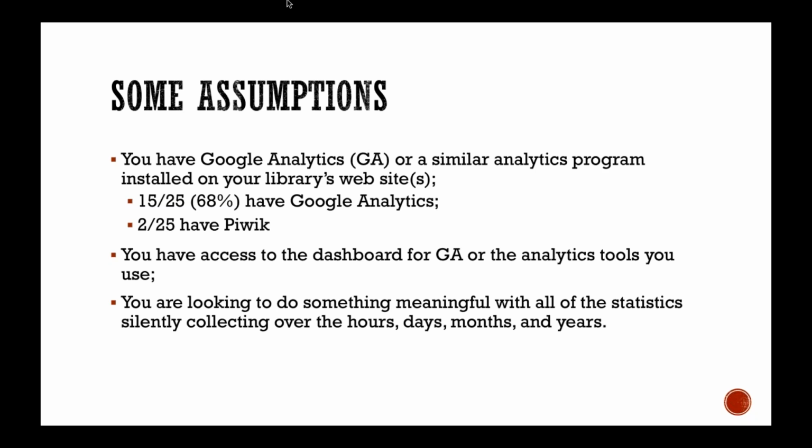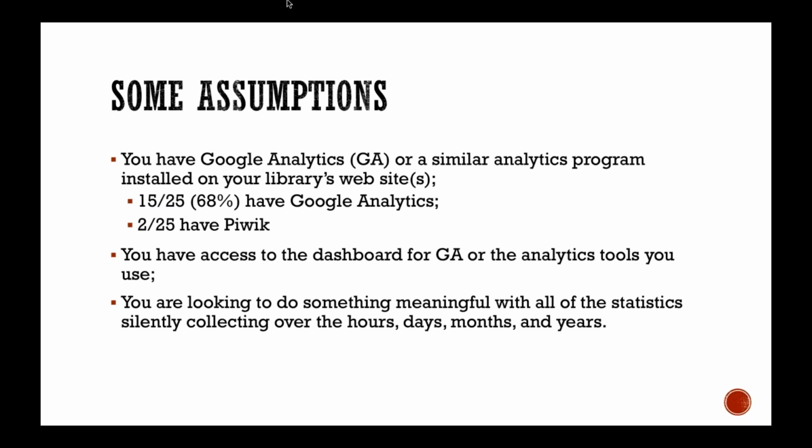So that's what we're going to cover primarily today. 2 of you use a product called Piwik, which I'm less familiar with, but the good news is that Piwik will report a lot of similar things, and there is a common jargon. There is a common terminology for web analytics software.